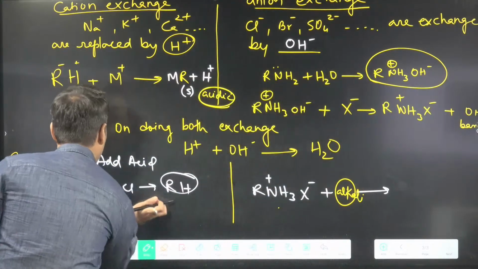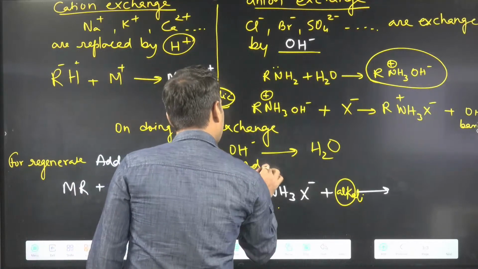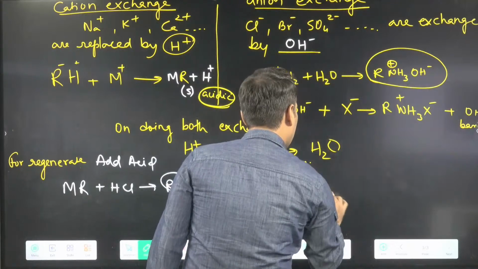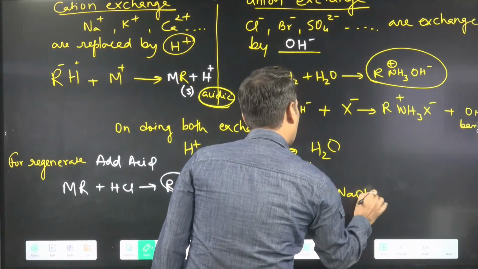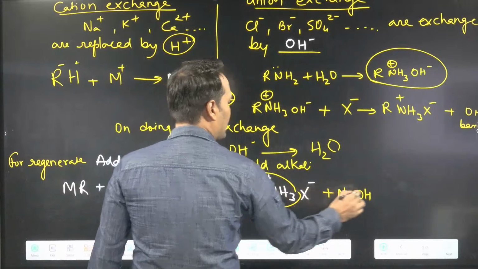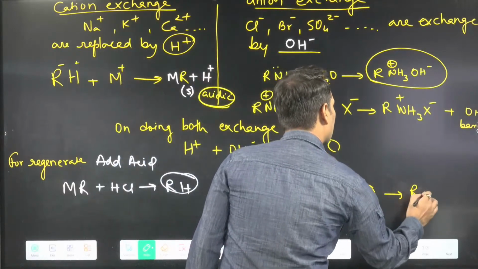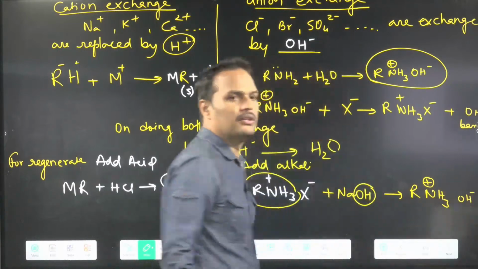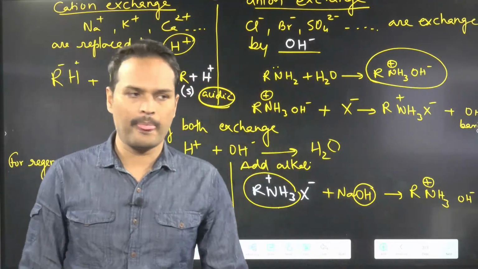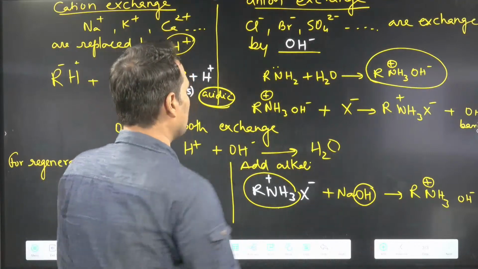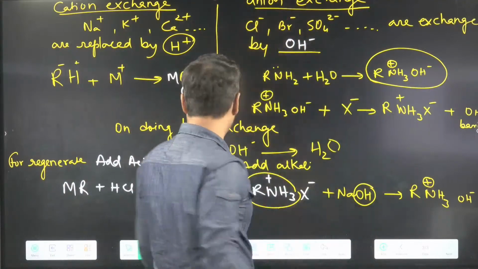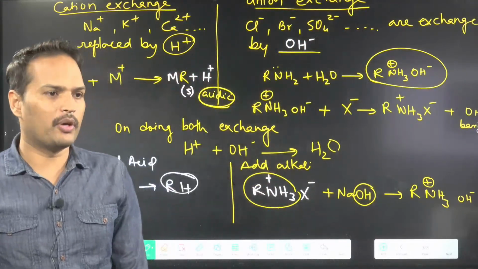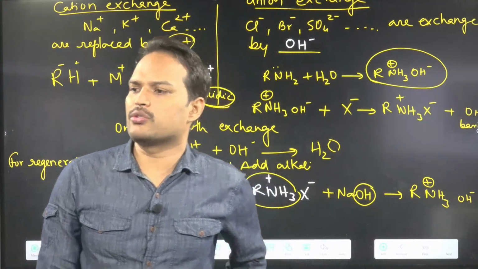Here I added acid. Here I added base, alkali. So I will add here, suppose, NaOH. Now what will happen due to NaOH? This plus part, this minus part, I will get what I require. Done. Now I can use this again for tomorrow. This also RH for tomorrow. Okay? Got the point? All of you understood what is happening?